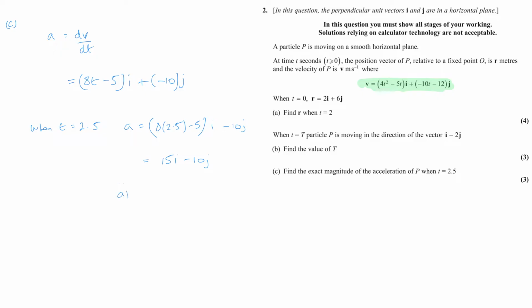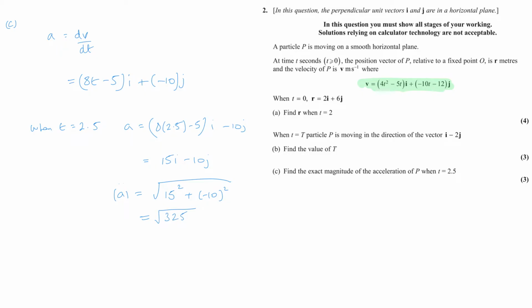Now we need to find the magnitude of that, so that's just Pythagoras. 15 squared plus minus 10 squared. So 15 squared is 225, minus 10 squared is 100, so it's 325.